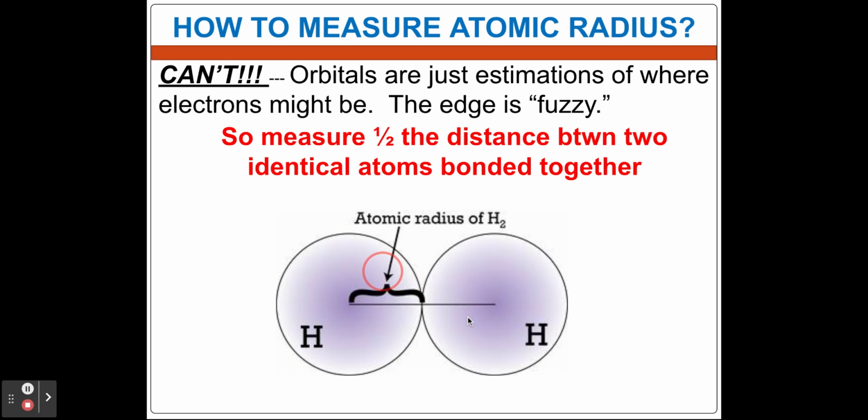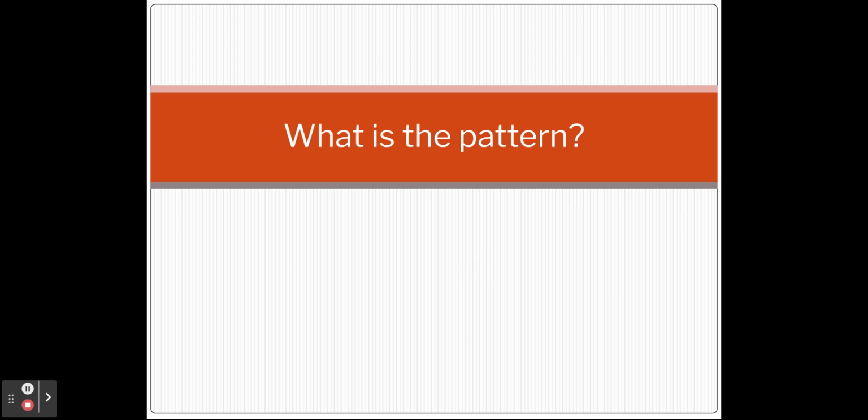When we can find how big a bond is, or how big the hydrogen molecule is, we know this distance, and since it's the same atom, we just divide this distance in half, and we get the radius of a hydrogen atom from that.